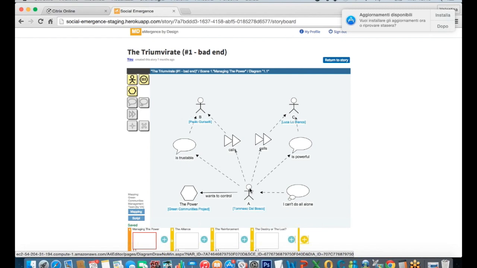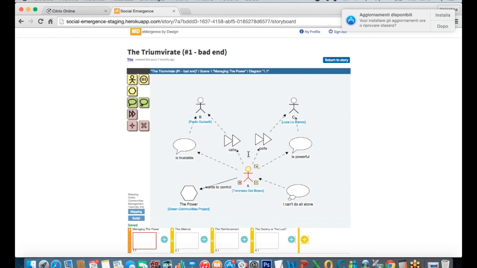And we saw that actually there was a team leader that wanted to control a project, the Green Communities project, and that recruited two people, one very trustable and the other one very powerful, in order for the project to go and reach the objectives that it had.